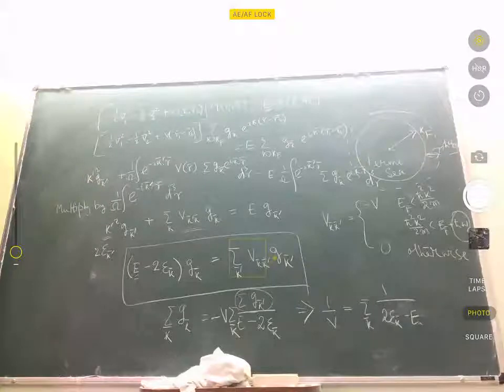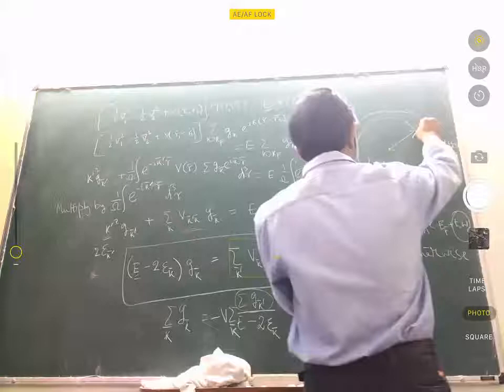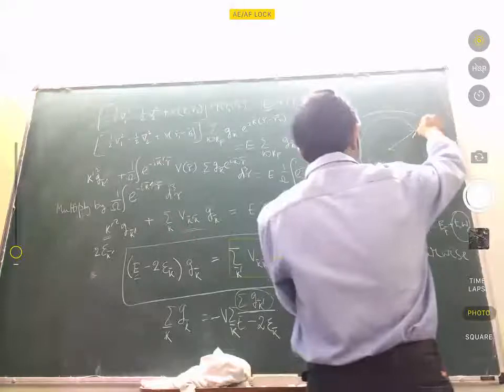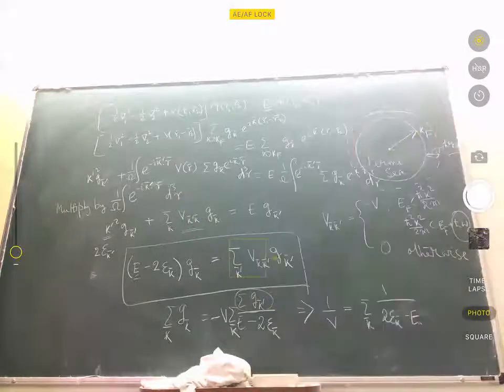And then what we do is, as we have done so many times before, we will replace this sum over k by an integral, and the integral will go obviously from the Fermi energy up to an energy range ℏω_c.